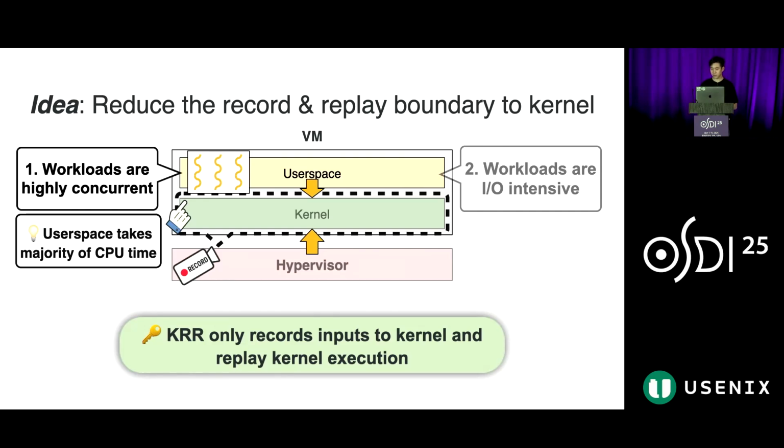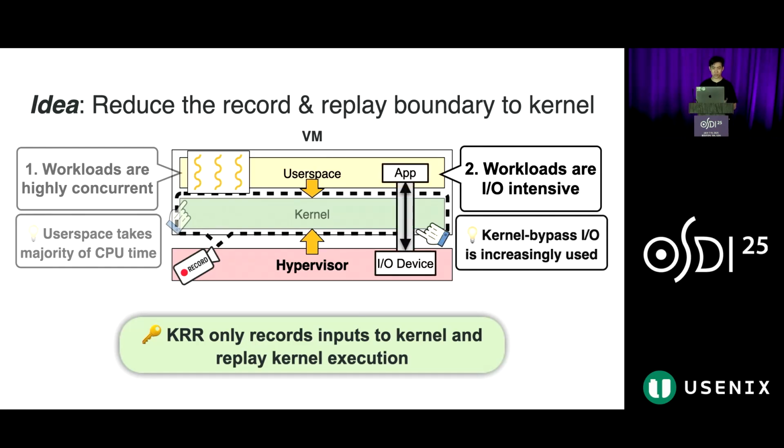Secondly, for I/O-intensive applications, kernel bypass I/O has been the trend in today's data centers. In such workloads, a bulk of the I/O input is directly handled by the user space without kernel involvement. So reducing the boundary to the kernel helps us avoid recording this type of input.